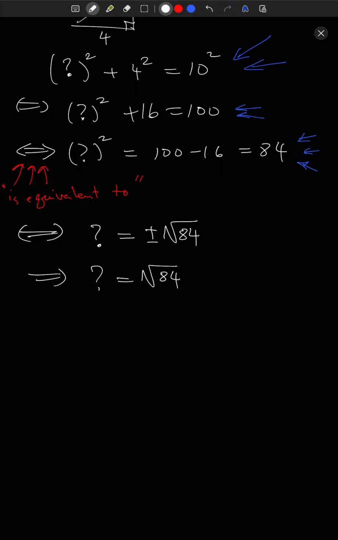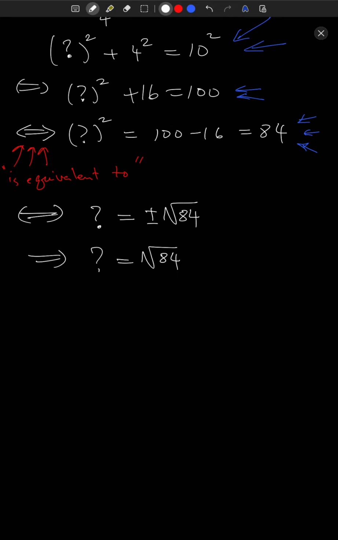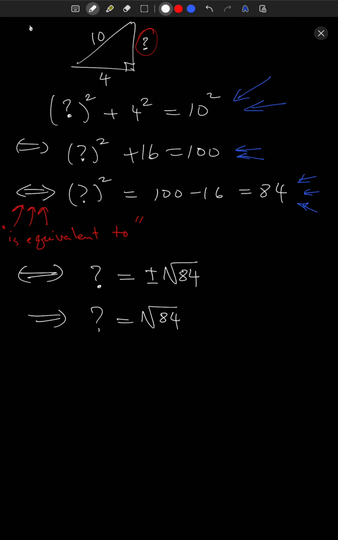Even though in this situation you would technically have been correct if you forgot the minus sign, there will be many situations in this class where if you forget that minus sign, you're going to miss important solutions to your problem. So that's one example of using the Pythagorean theorem to get information about your triangle.